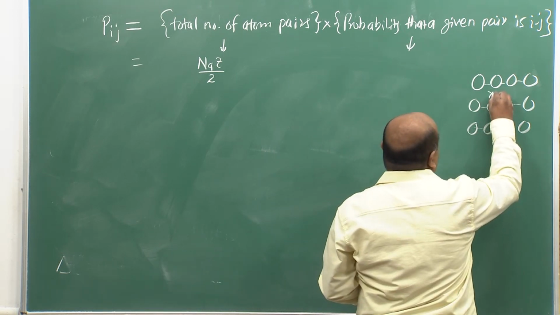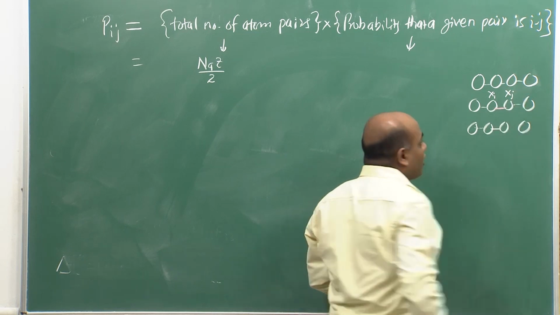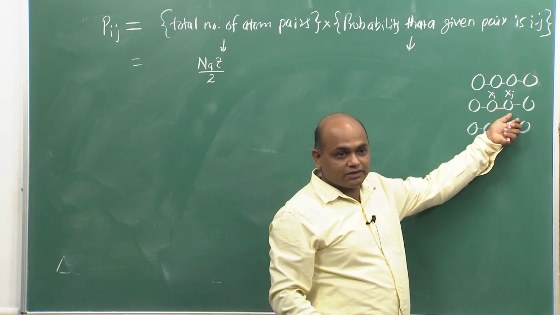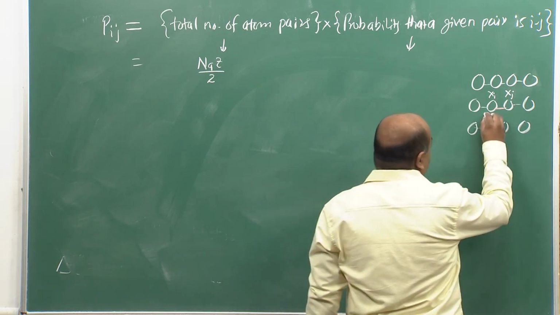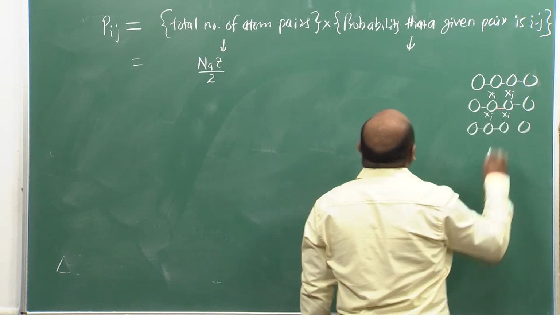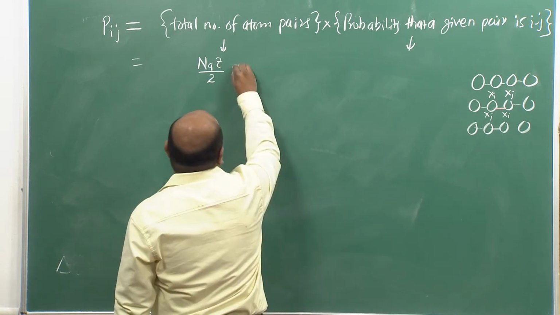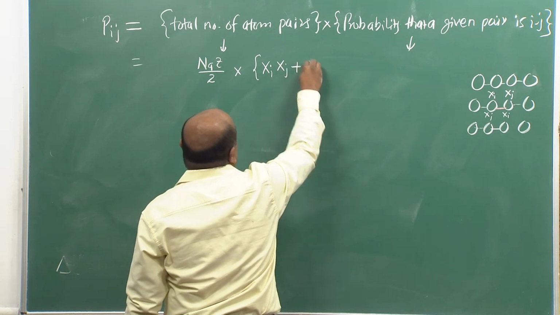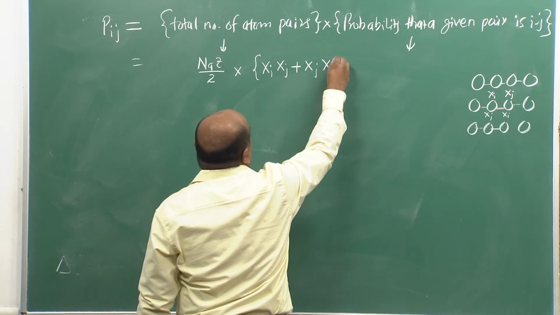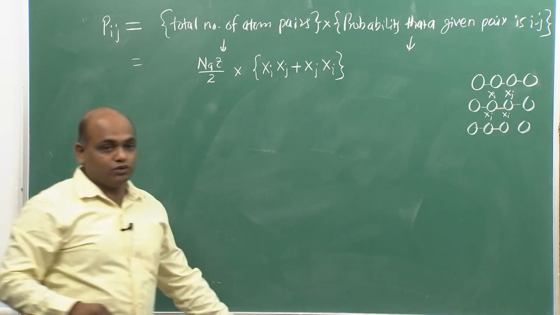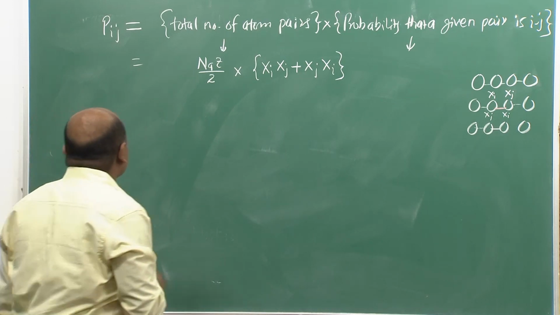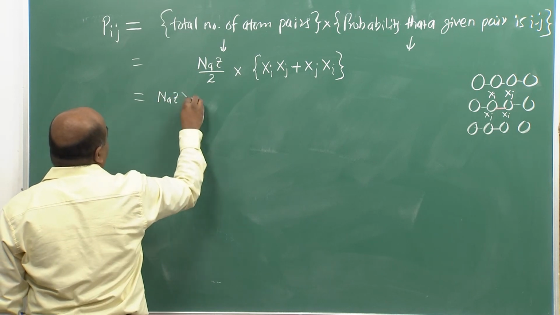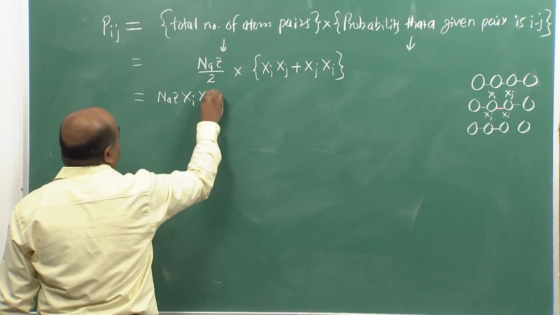This will be Xi times Xj, or we can select the first atom to be a J atom and the next one to be an I atom. In that case, it will be Xj Xi. Right. So, this will be Xi Xj plus Xj Xi. So, this will be basically 2 Xi Xj, and so Pij becomes NaZ Xi Xj.